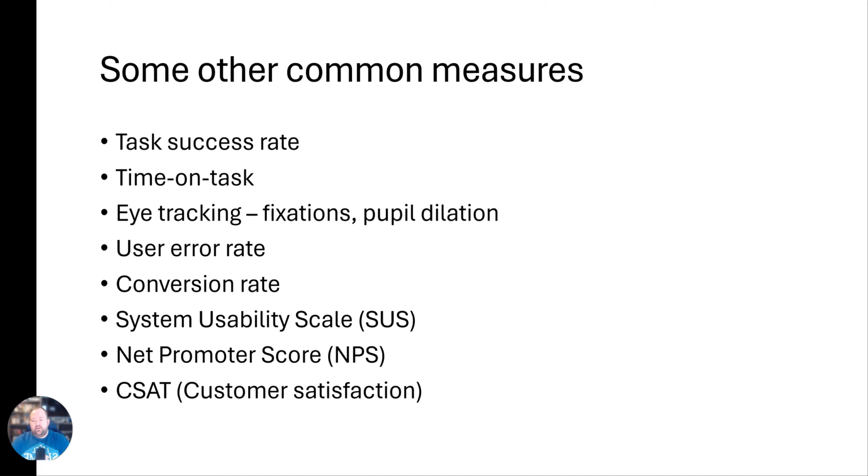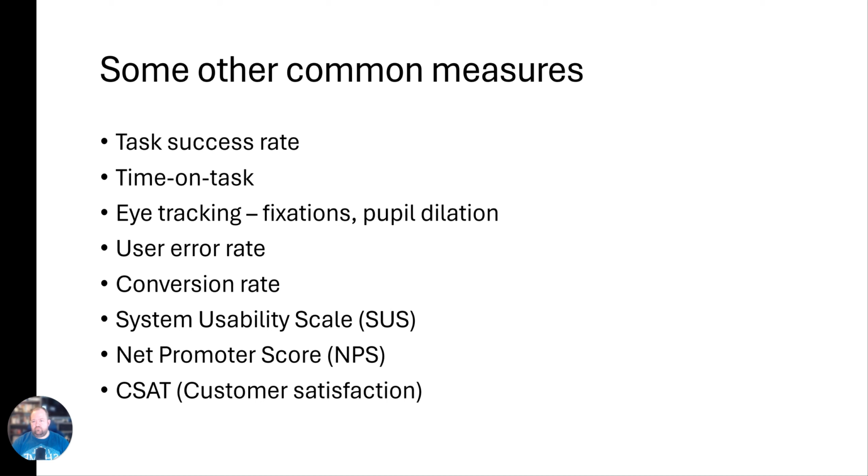So here's some other common measures you might run into. Task success rate. So this is pretty self-explanatory. Did the user find success in what they were trying to do? Time on task. Maybe you've shown that expert users, or let's say proficient users maybe, only need 5 seconds to complete a task, but all of your users for your new change, let's say, to your interface are taking 12 seconds.